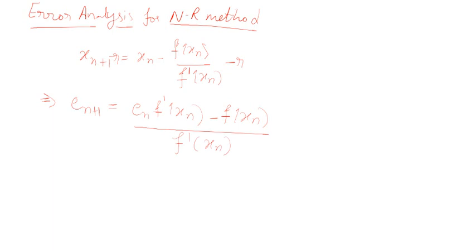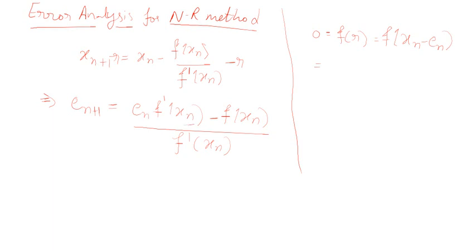Now look at this: 0 equals f of r, that is f of xn minus en. You know that f is continuously differentiable up to the second derivative, so I can expand it about the point xn.